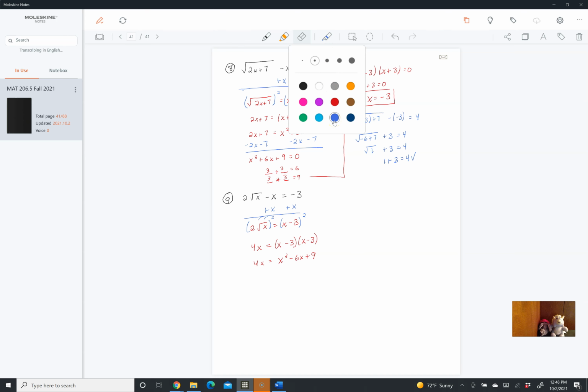Subtract 4x from both sides. This gives us x squared minus 10x plus 9 equals 0. Two numbers that add to negative 10 and multiply to 9. That's a negative 9 and a negative 1.